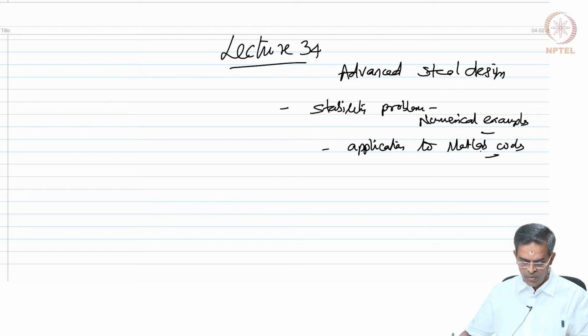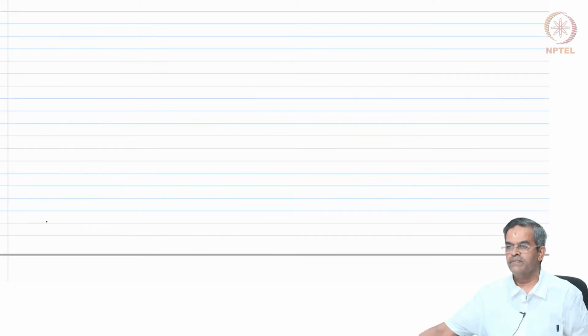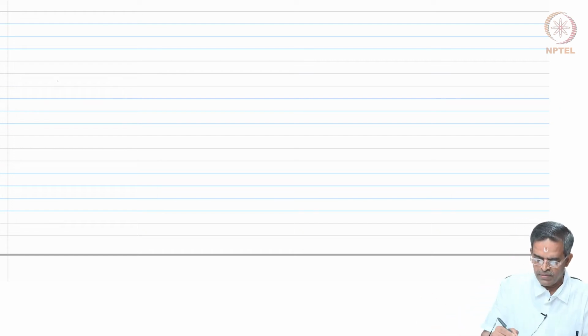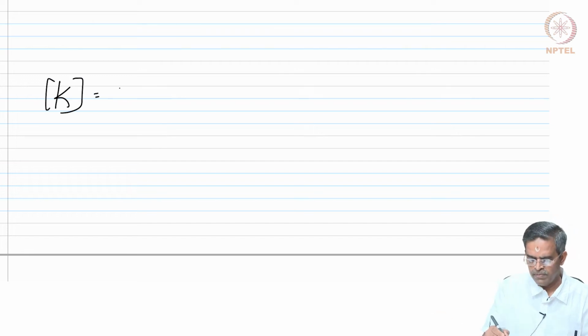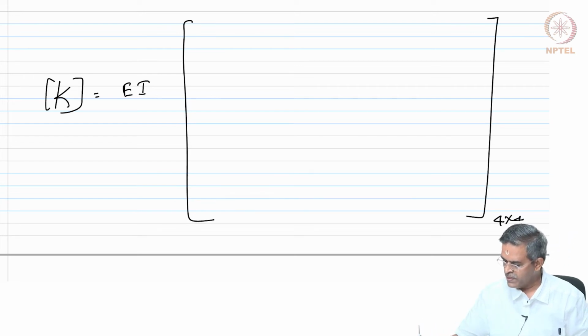Okay. Before that, let us revise quickly that the stiffness matrix of the member is given by the basic equation, which we should remember, similar to that of a beam, which is a 4×4 matrix.